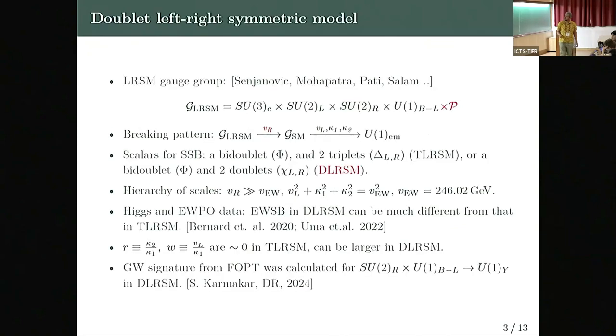In the left-right symmetric model, the gauge group has SU(2)_L, SU(2)_R, and U(1)_{B-L}, and in addition you could have a discrete parity symmetry, which I call P. The idea is that in the early universe, at very high temperatures, the universe is left-right symmetric, and you generate the electroweak or standard model by spontaneous breaking.